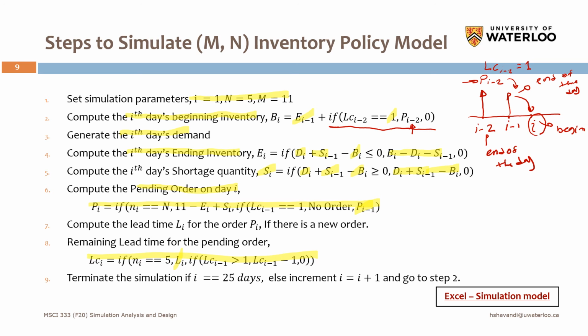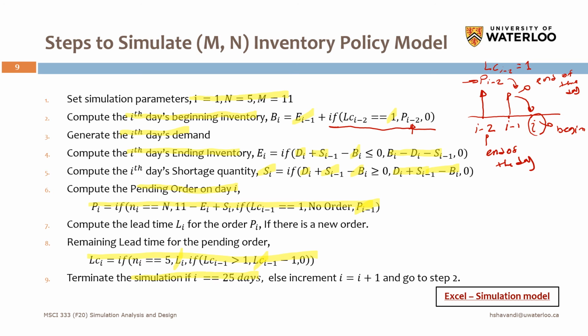Other than that, if LC(I-1) is greater than 1, then it will be LC(I-1) minus 1, because one day has passed since day I minus 1. Other than that, it will be 0. And this is the stop condition: if we simulate for 25 days, we stop. Other than that, we repeat steps 2 to 8.